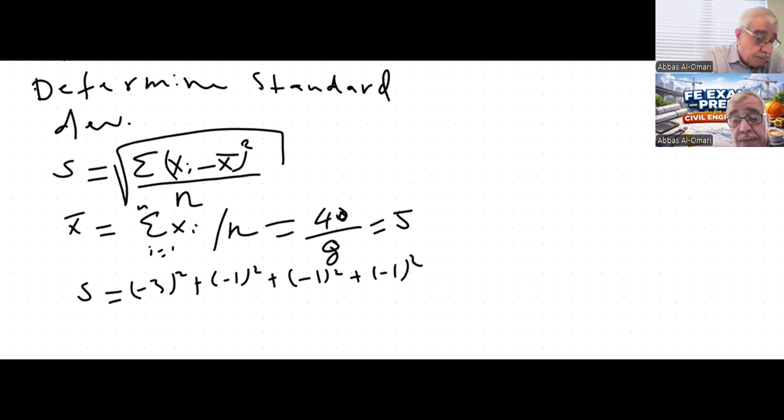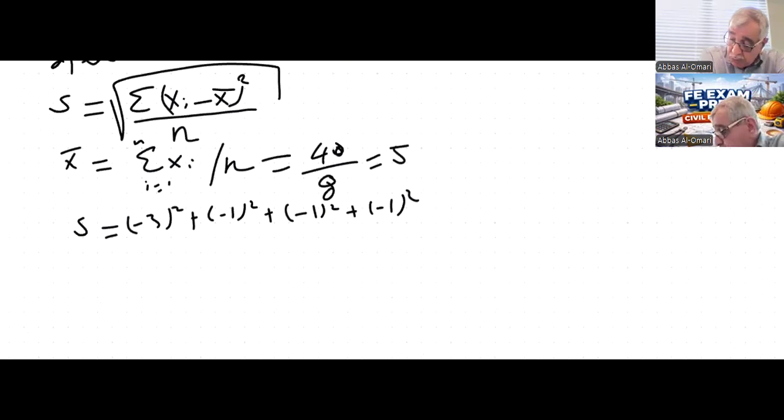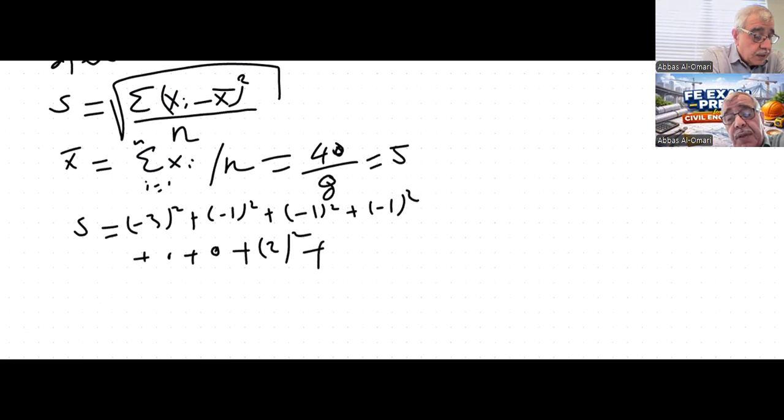Then we have 5, so 5 minus 5 is 0. We have 2 fives, so plus 0, plus 0, plus 0. Then we have 7, and 7 minus 5 is 2 squared, plus we have 9 minus 5, which is 4, so 4 squared.